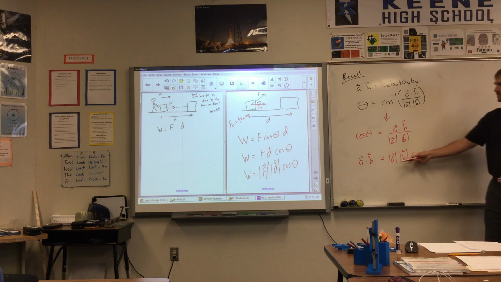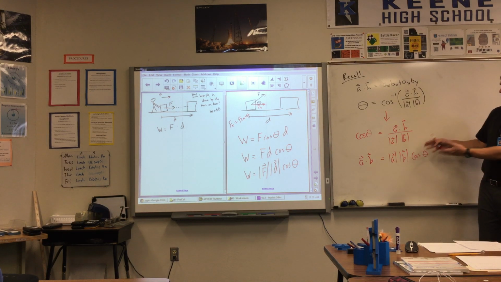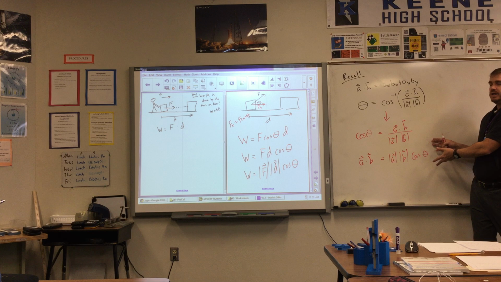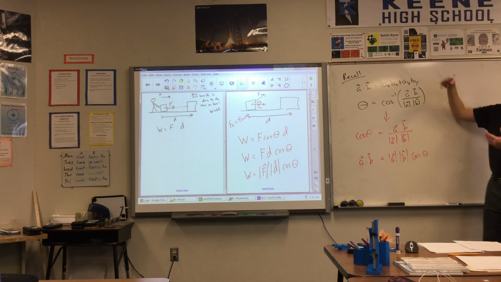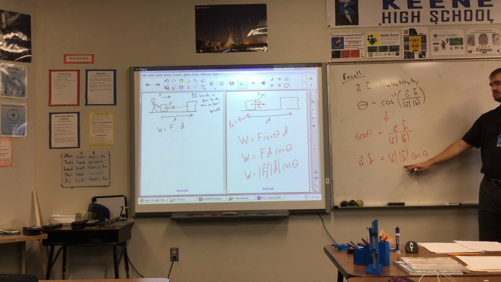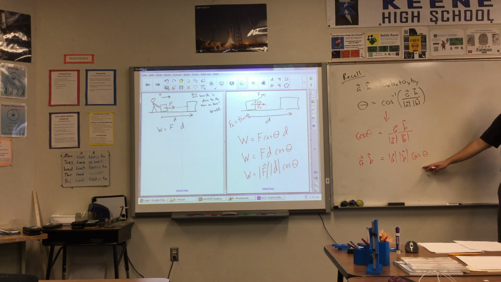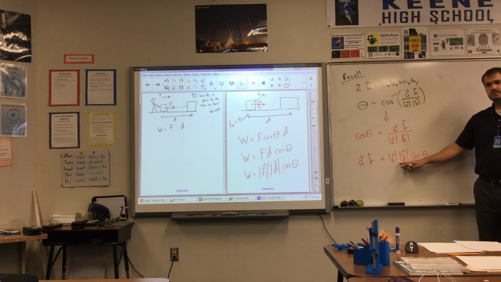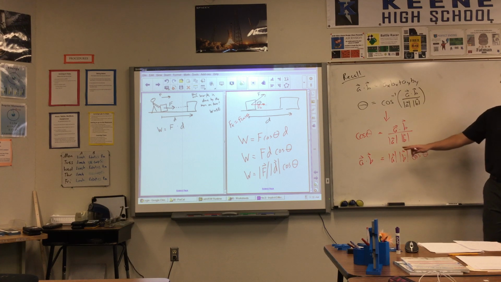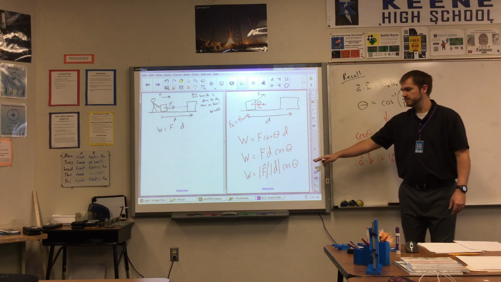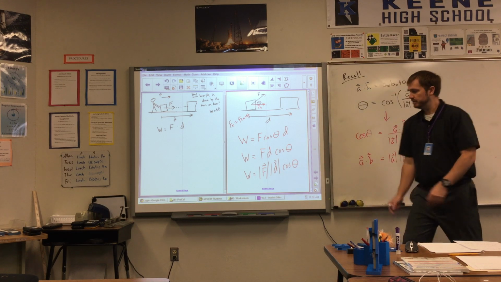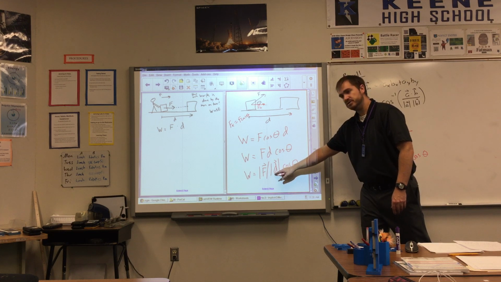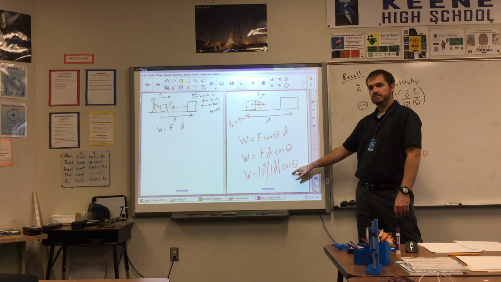So this is another way of writing A dot B. We could write A dot B as AxBx plus AyBy, or you could write it as the magnitude of A times the magnitude of B times the cosine of the included angle. Now, magnitude times the cosine. Look over here, and you see that's exactly what we've got going on here. Magnitude of a vector, cosine of the included angle.